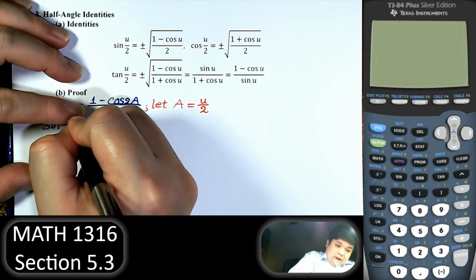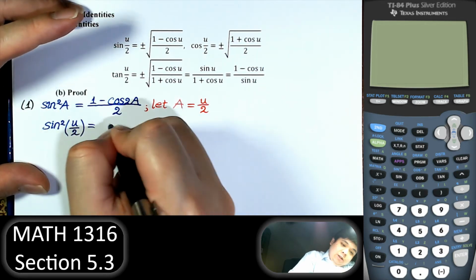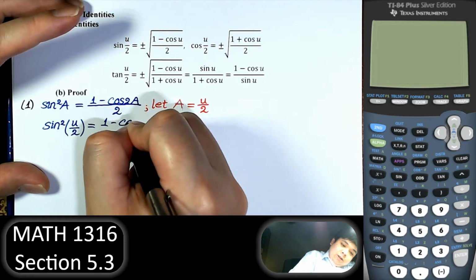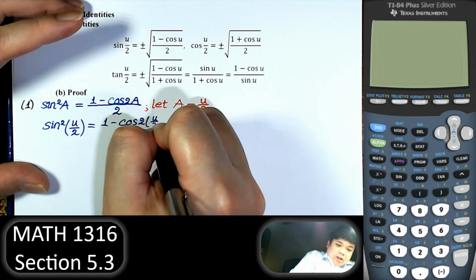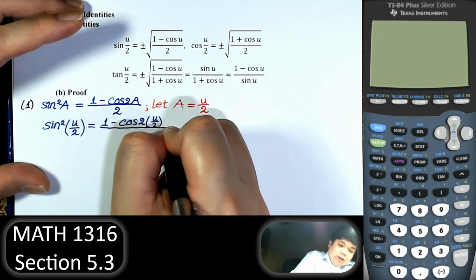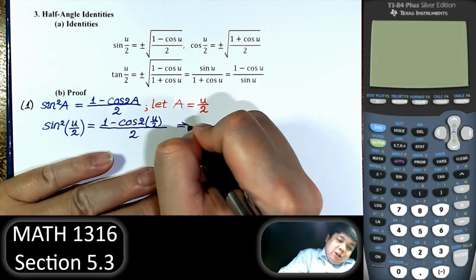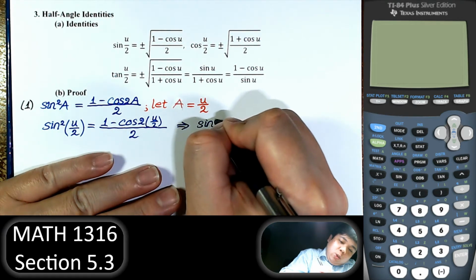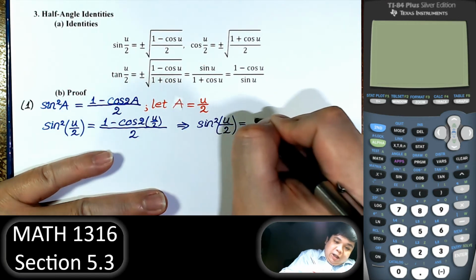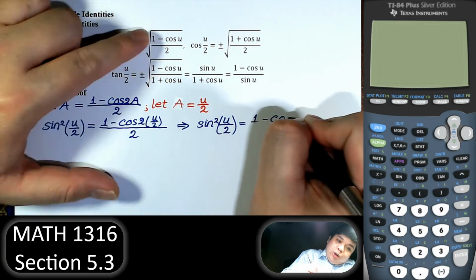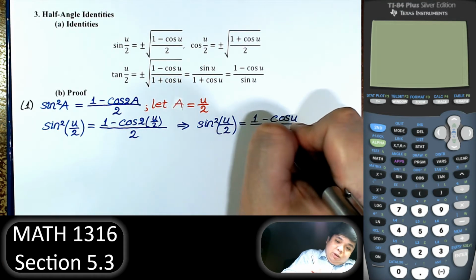So here we have u over 2, and 2 times u over 2, all over 2. Right, 2 and 2 cancel out. So we have sine squared u over 2 equal to 1 minus cosine of u, divided by 2. That's exactly what we have here.